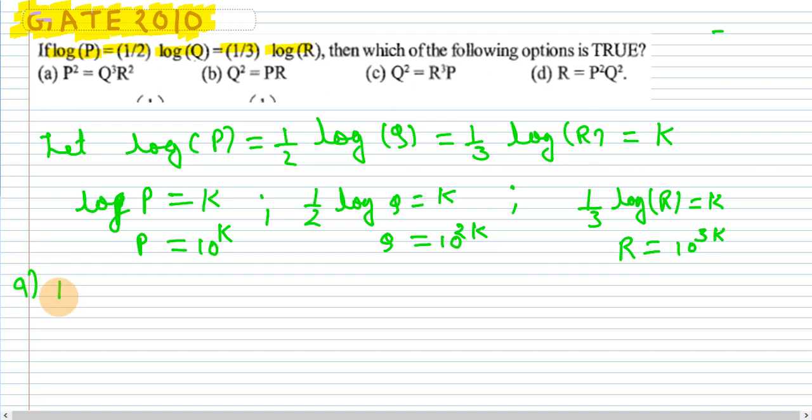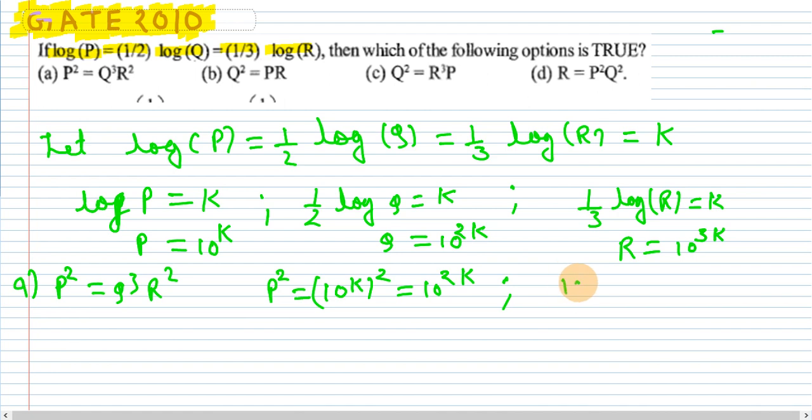The first option says p square equals q cube r square. We will find the left hand side, that is p square, which is basically 10^k squared, giving 10^2k, right?